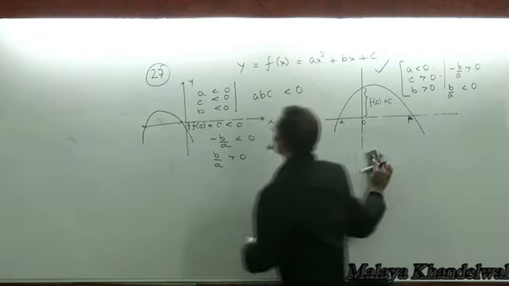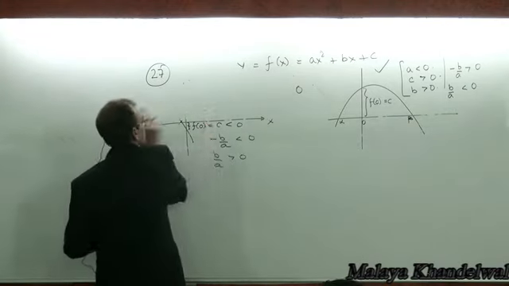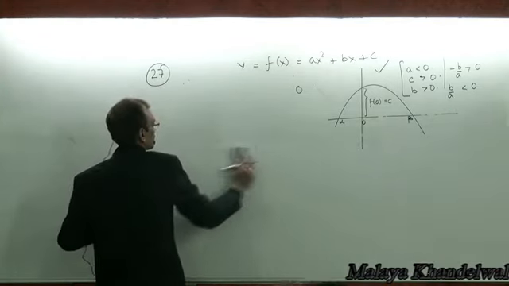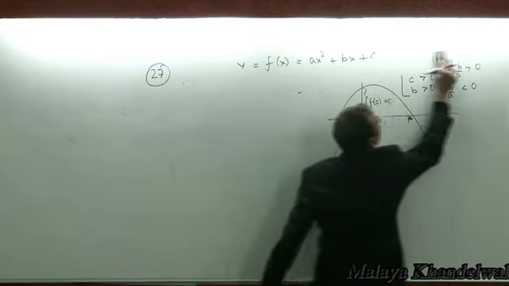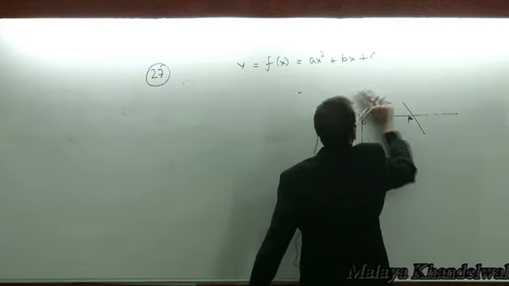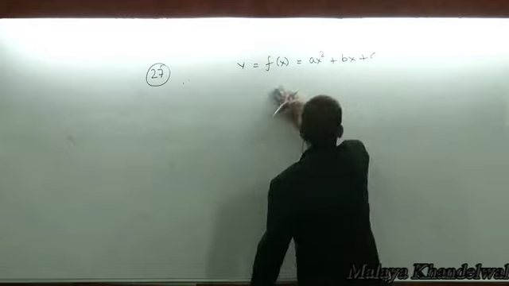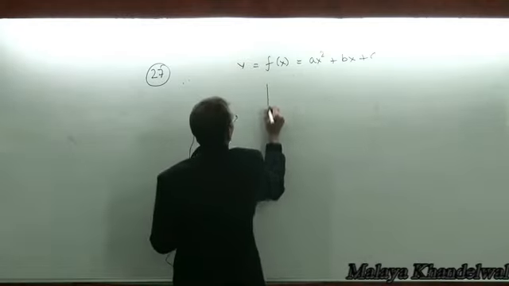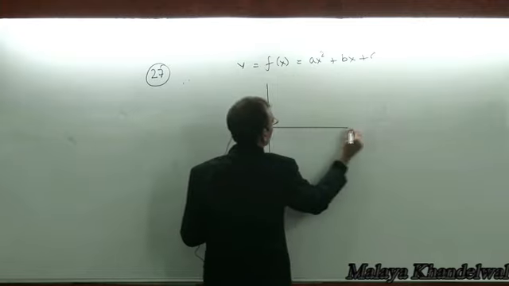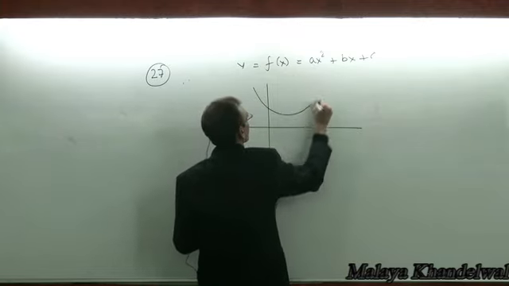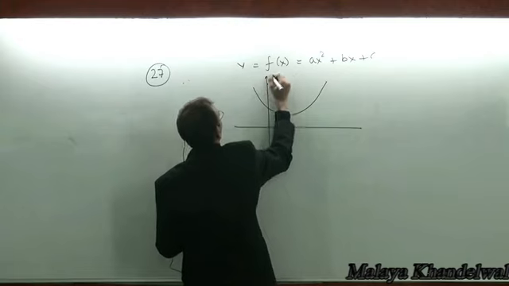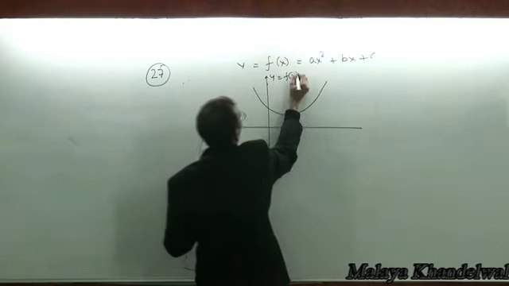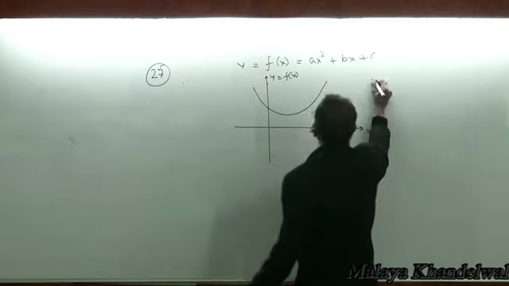Let me look at option C. So A is right, B is right. C. A is positive. Why?